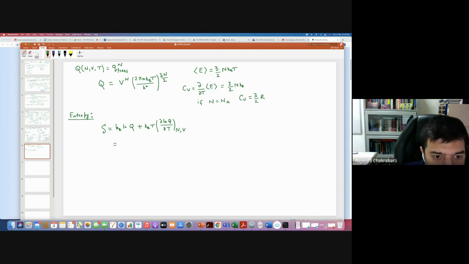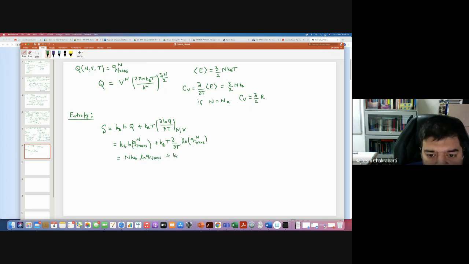So if I follow this expression, let us write down the expression for entropy. It is essentially kB ln, let me write this way, and this one is going to be N kB ln q trans.